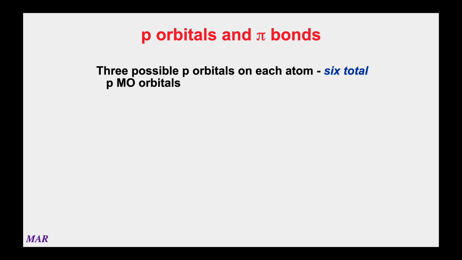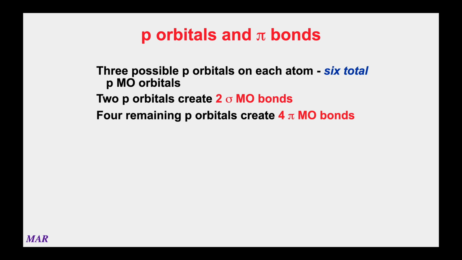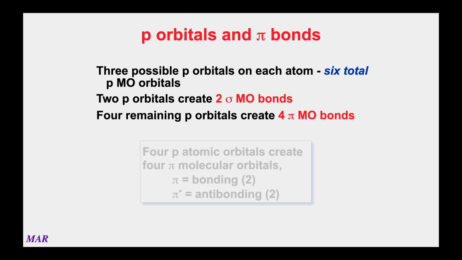You're going to end up with 6 total molecular orbitals, and it's kind of cool. So we're going to see some cool kind of pictures here. The 2p orbitals, first of all, will create 2 sigma molecular orbitals, and the other p orbitals will create pi molecular bonds. So we're going to have sigma bonds and pi bonds when it comes to the 2p interaction.